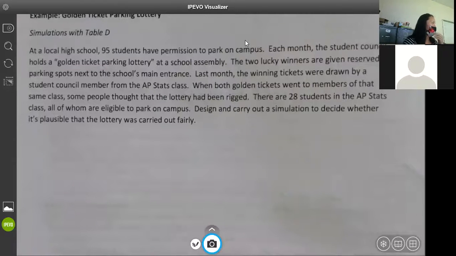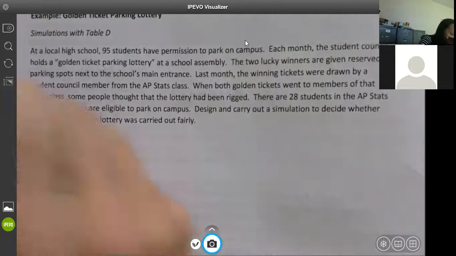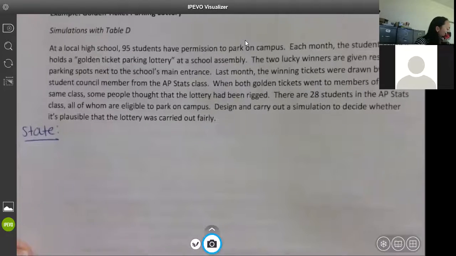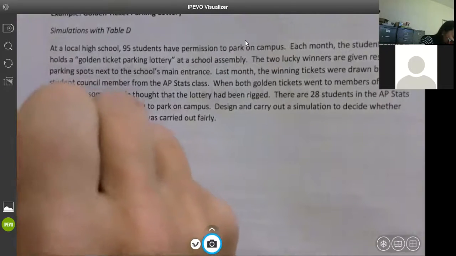So we have to do this for them to see if it's fair. So state, what are we trying to do? Decide if the thing is fair. Okay, so what was fair? We have to be very specific. Golden ticket lottery. Why was it deemed unfair? Because the kids who won were in the same class. So here's your question. You need to make sure you form a question based on that.